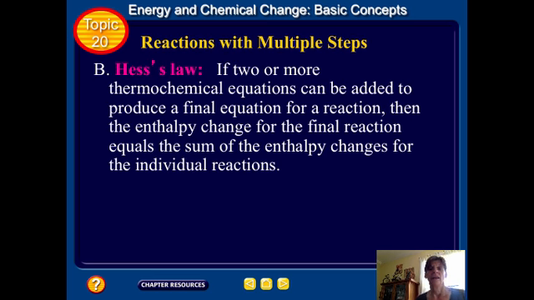All right, another approach to calculating the heat of a reaction is Hess's law. This is useful when you are trying to determine the heat of a reaction that is not easily measured directly. For instance, the lab that we're going to do next week is the combustion of magnesium.